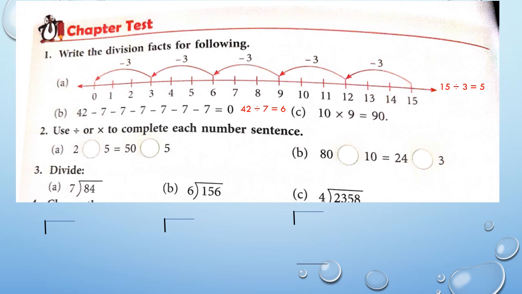Now 10 multiplied by 9 is equal to 90. But we have to write the division fact and I already told you how to do it. So 90 divided by 9 is equal to 10 and 90 divided by 10 is equal to 9. Both will be correct.